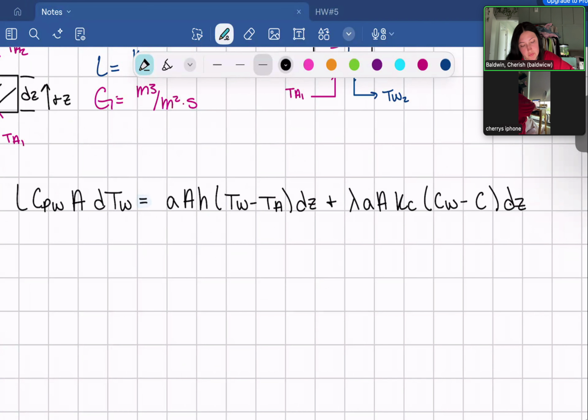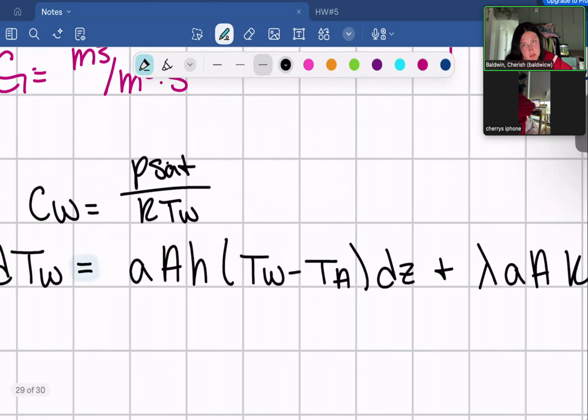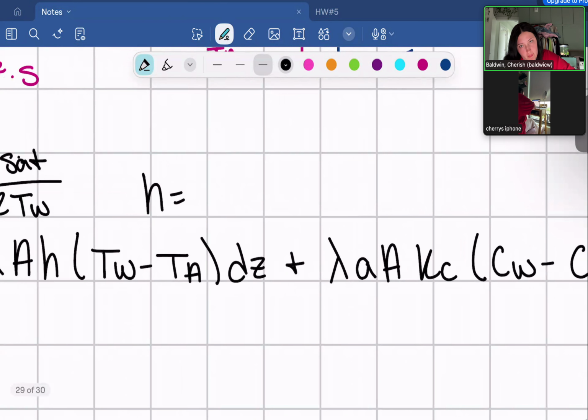So let's define some things so we can simplify this equation further. So the concentration of water we know is going to be the saturated pressure over R times the temperature of the water, and we can find this saturated pressure through Antoine's equation. And then we also know the relationship between heat transfer and mass transfer: the heat transfer coefficient is equal to the mass transfer coefficient times density times the heat capacity.